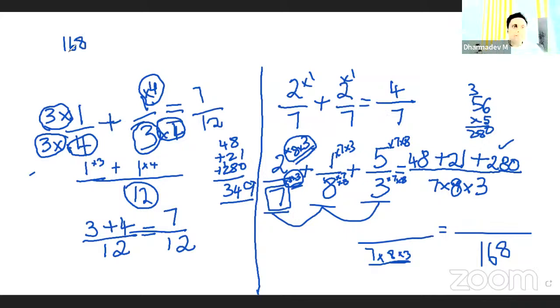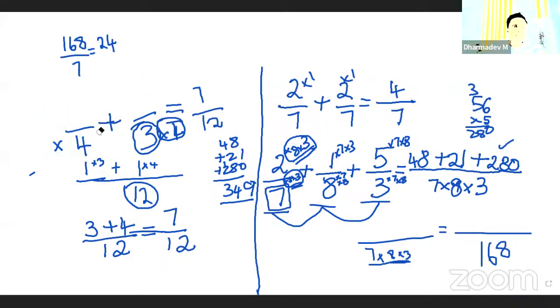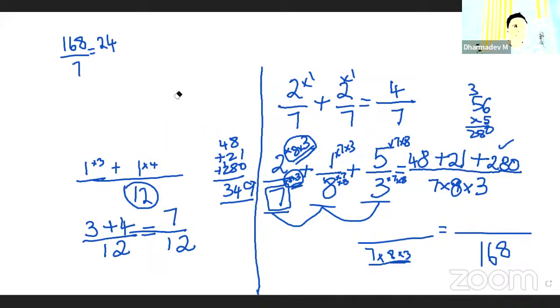168 divided by 7 will be 24 for sure. I hope you understand how to say that without calculating. Because 7 times 8 times 3 gave me 168, that means if I divide by 7, again I'm going to get 24.